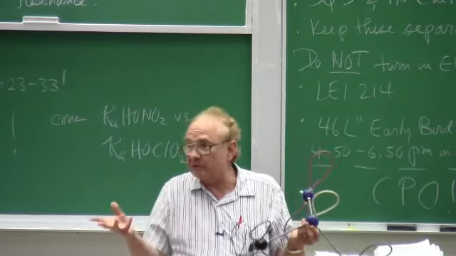So the answer to this question lies in the relative stabilities of hydronium ion (aq) and acetate ion (aq), because these are the products of acetic acid reacting with water, versus the stabilities of this in ethanol solvent and this in ethanol solvent.